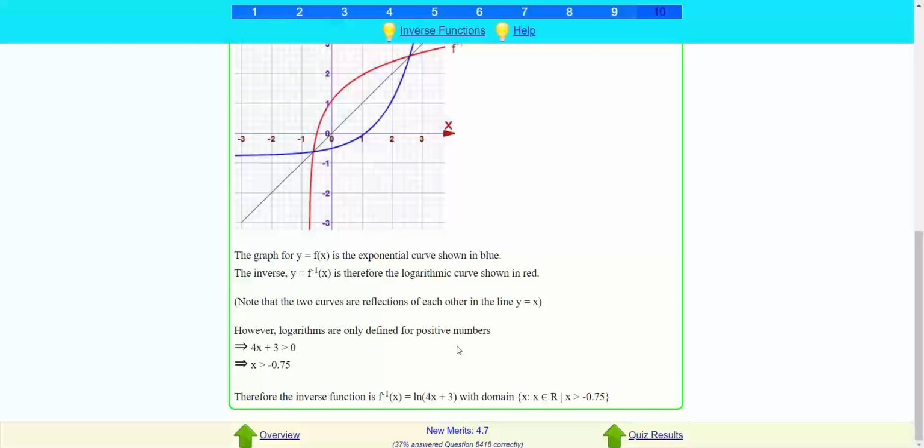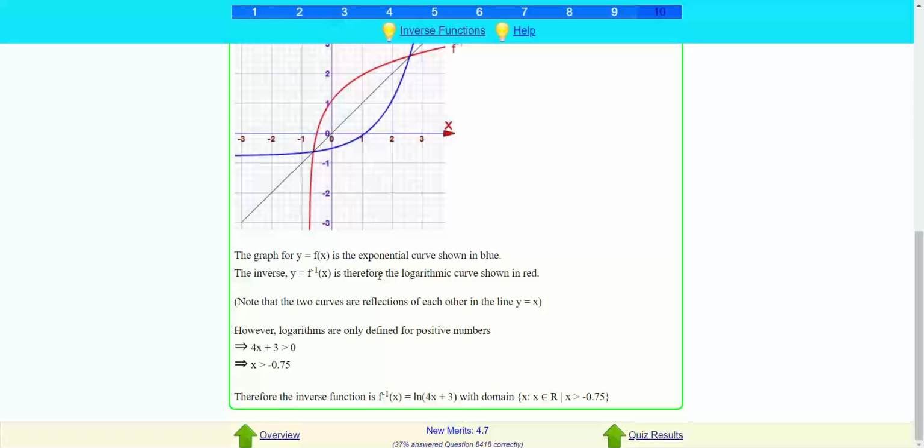So 4x plus 3 is greater than 0. Oh, we've done this the last time, and yet we did it. Oh boy. So you kind of solved for the equation within ln that should be greater than 0. Got it. So that's the inverse functions again.